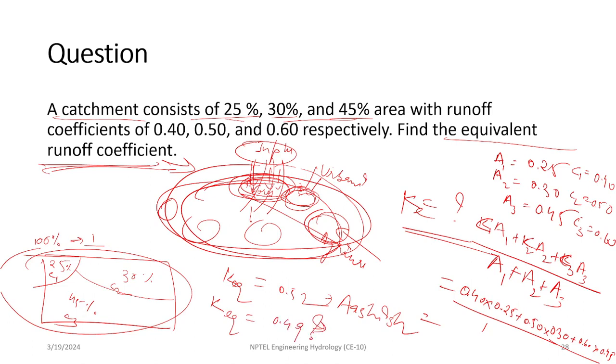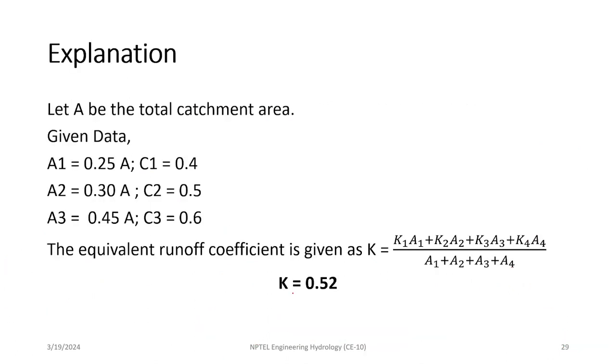Okay, maybe it's a truncation error or something. That's good. And Ashish, tell me, what about Balamurgan? One second, let me check. Yeah, he says 0.52. That's good. So the correct answer will be 0.52 only.